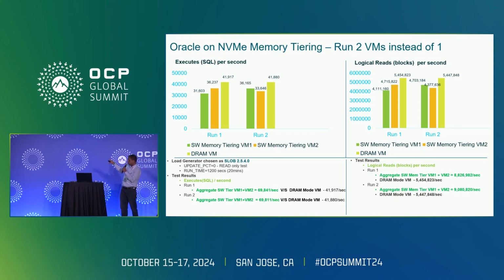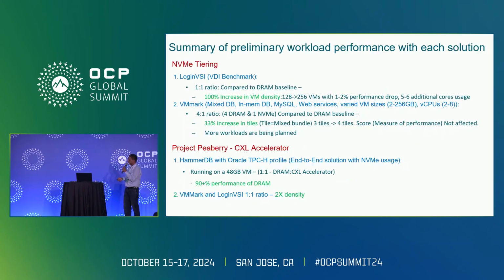But look at how little impact it has from a performance point. From an aggregated performance point, you get far more aggregated performance with Oracle. And we have similar results that I shared in the previous slide for Peaberry also with Oracle.